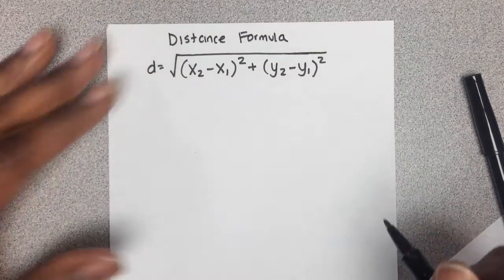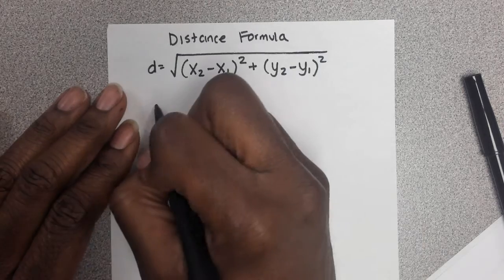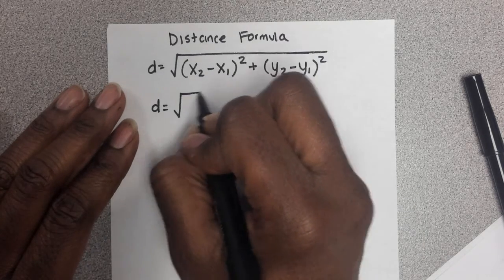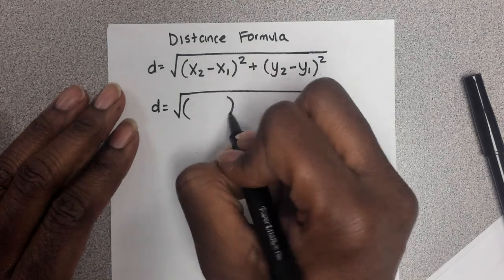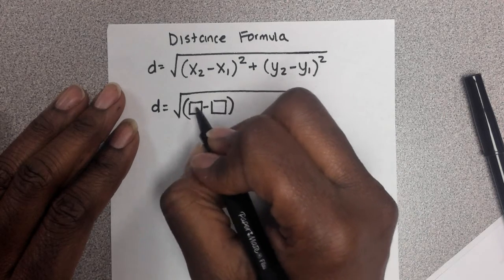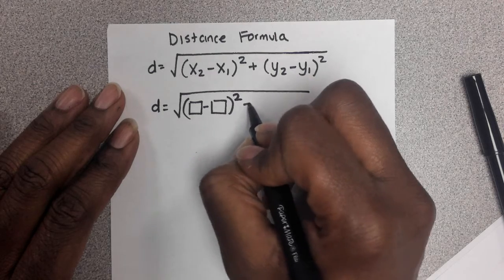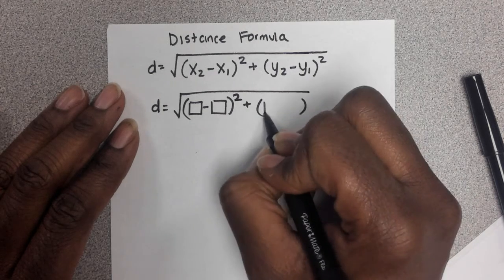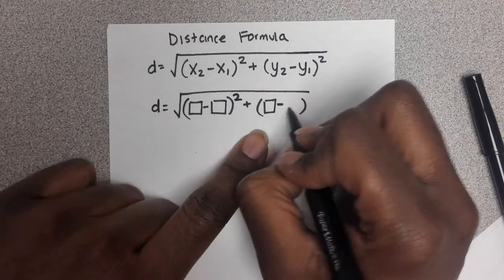Remember, just like when we were doing the slope formula, I was having everybody write down the formula, but instead of the x's, we kind of were using circles, so then we could just plug in the numbers that we needed. Then same thing here, we plug in the numbers here.